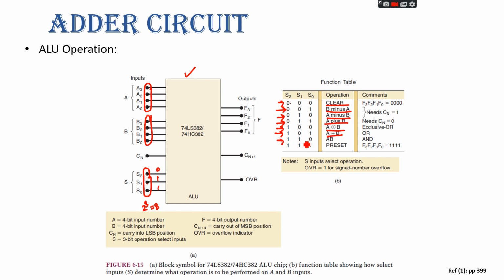If you give 1 1 0, they will do AND operation, and similar to that, based on the control command given in these 3 inputs, you can perform the operation of your choice. Is there any question here? So that's why it is called ALU, arithmetic logic unit.